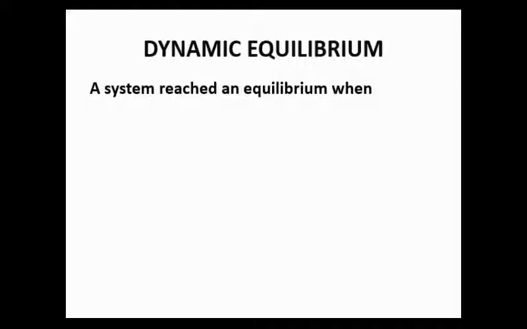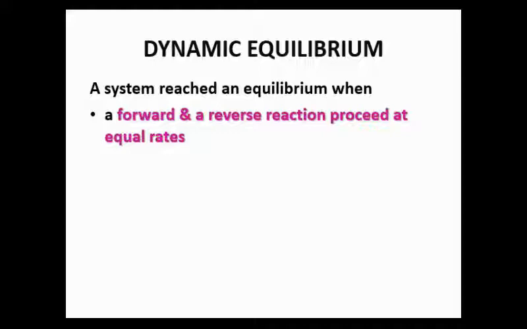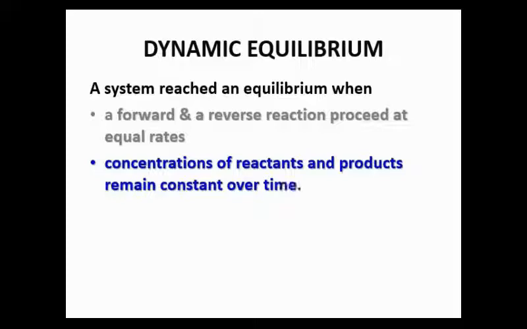The system reaches an equilibrium when, firstly, a forward and a reverse reaction proceed at an equal rate, and secondly, the concentrations of reactants and products remain the same or remain constant over time.